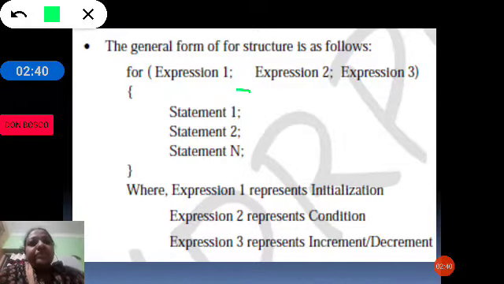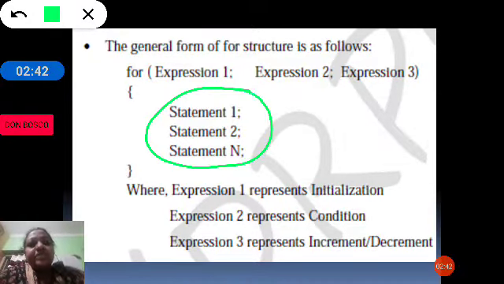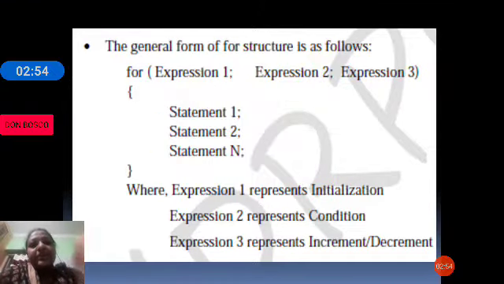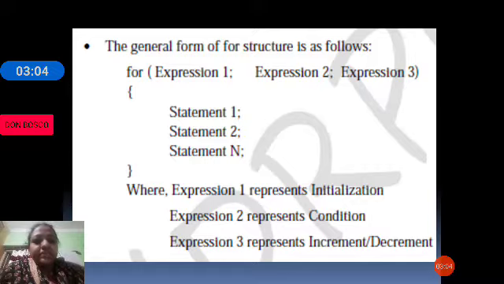If the condition is true, these are the statements which are executed repeatedly. If the condition is false, statements are not executed. Let's see an example so that you understand what expression 1 is, what the condition is, and what the increment and decrementing expressions are.